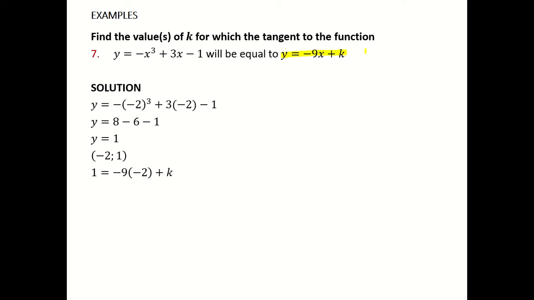Where there's x, I substituted minus 2. Where there's y, I substituted positive 1. Now solve for k. This is what I'm going to have. So 1 minus 18, as I transpose 18 to the left-hand side, is going to be negative. On the right-hand side, I'm left with k. So k is minus 17.